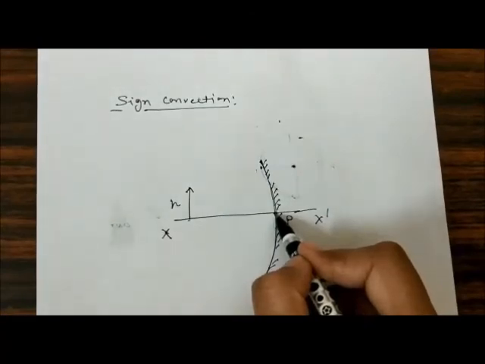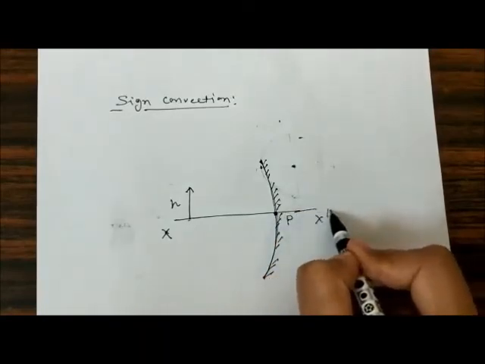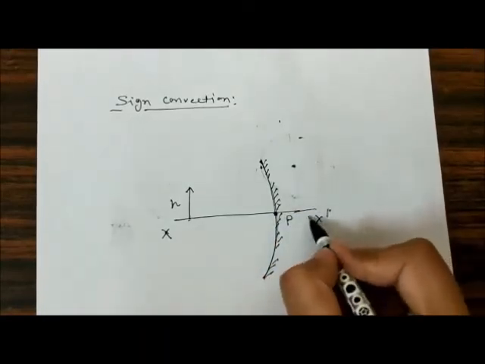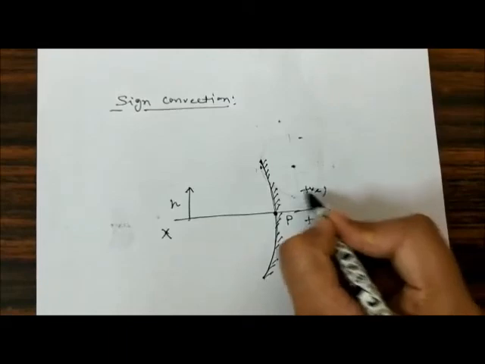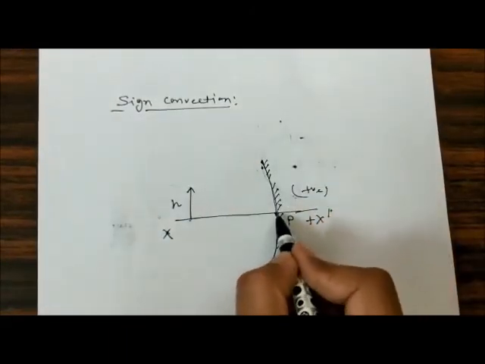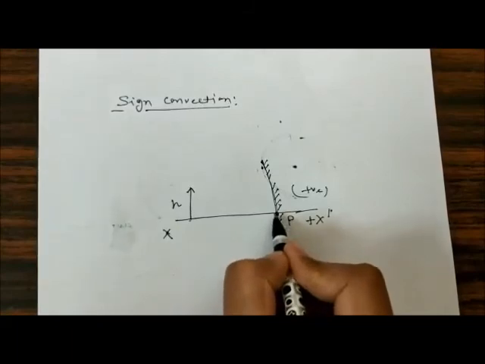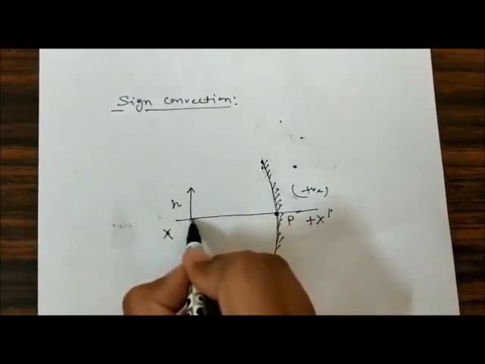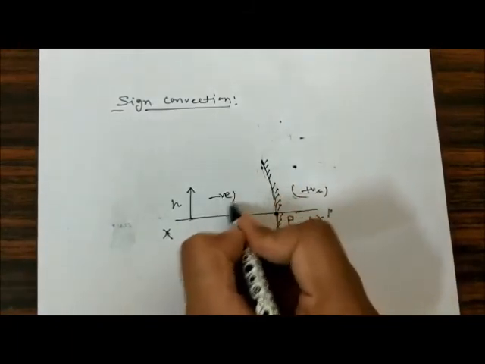All the distances measured to the right of the origin are taken as positive, and all the distances measured to the left of the origin are taken as negative.